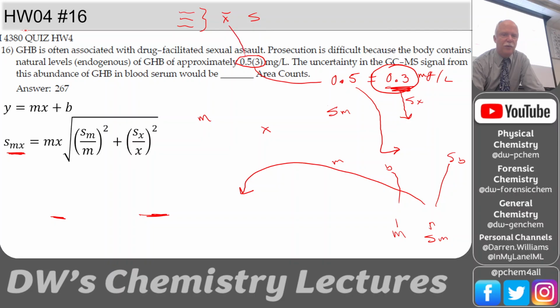Well, that's this number right there, and that's this number right there. I just didn't show the three values that went into this number, or however many there are, to get the endogenous GHB concentration. So from the in-class problem, I had the actual three discrete y values that I measured, got their area counts, computed a mean and a standard deviation, and then did the propagation of uncertainty. Here, we're given the mean and standard deviation, 0.5 plus or minus 0.3, and so then it figures in.